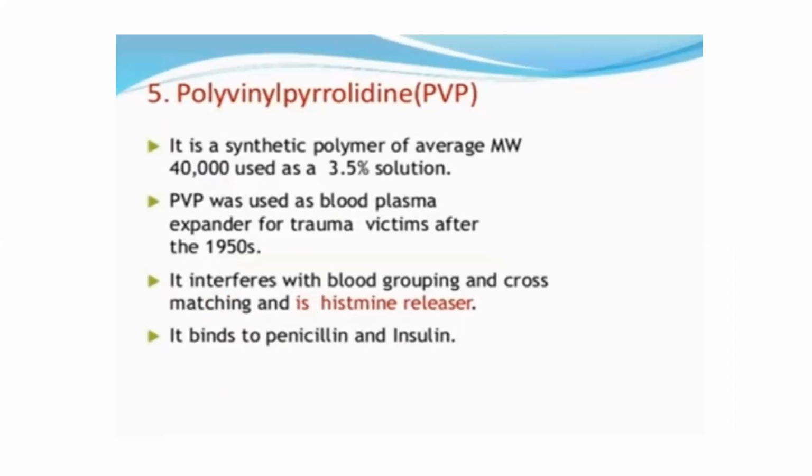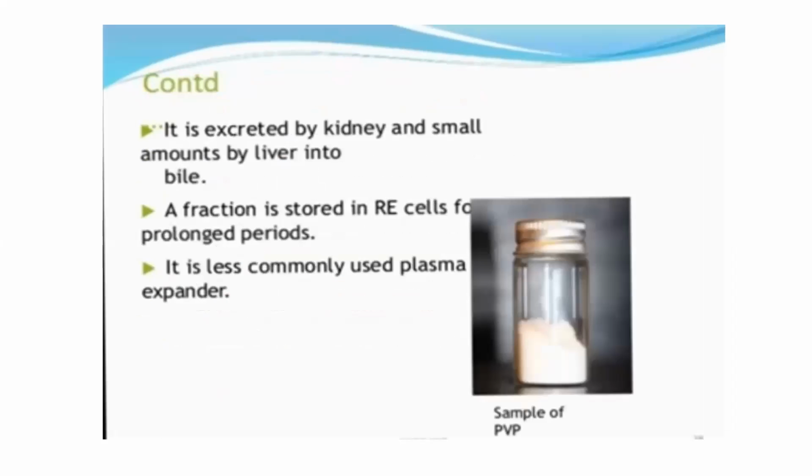It interferes with blood grouping and cross matching and is a histamine releaser. It binds to penicillin and insulin. It is excreted by the kidney and a small amount by the liver into bile. A fraction is stored in reticuloendothelial cells for a prolonged period. It is a less commonly used plasma expander.